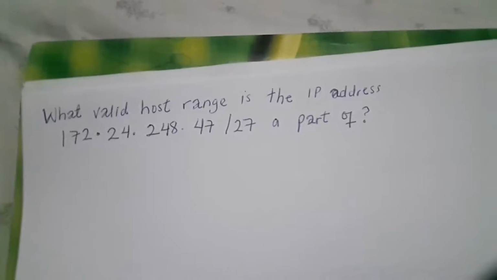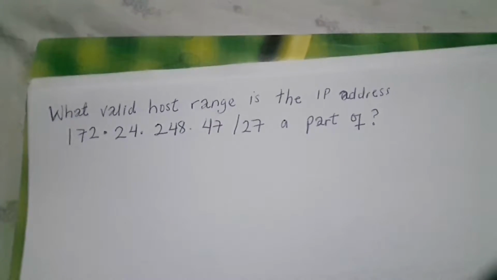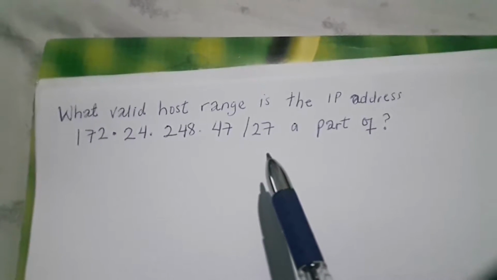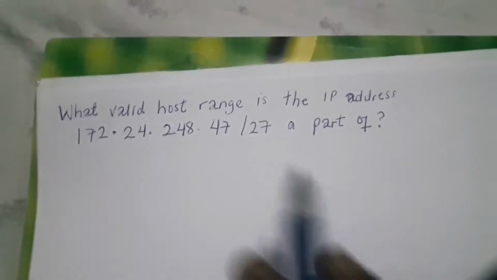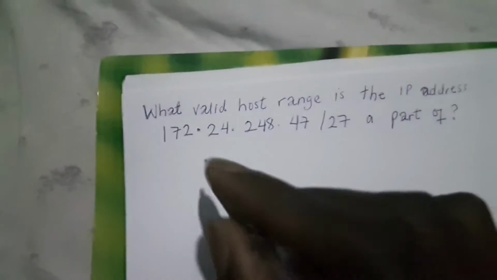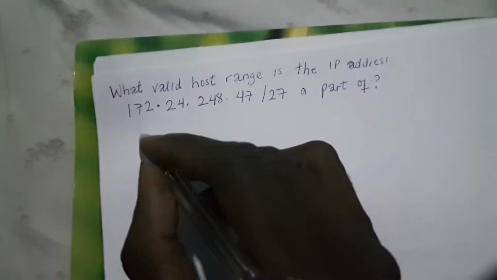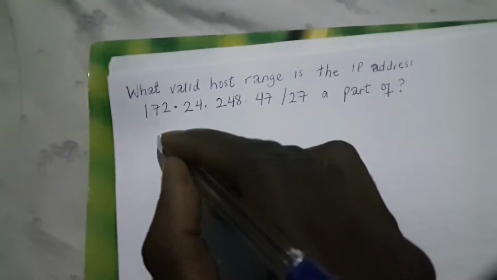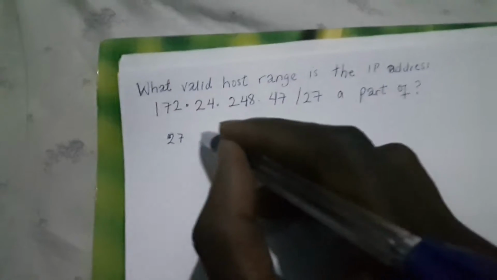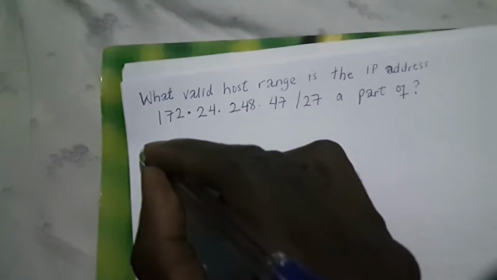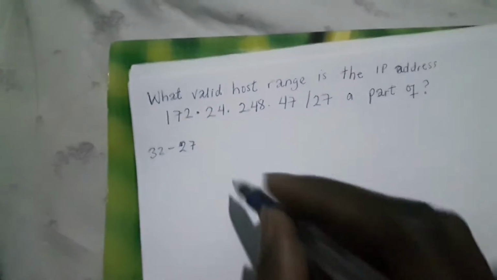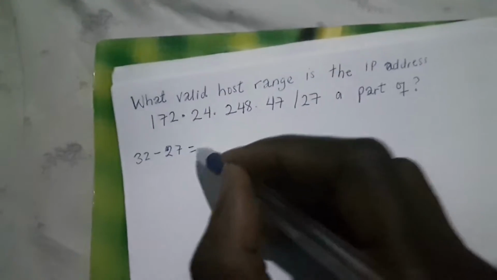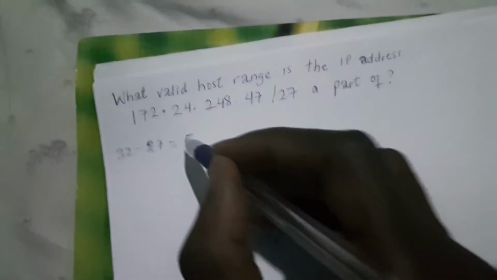The borrowed bit is what we get if we subtract this 27 from 32. So 32 minus 27, because I don't want negative to go across, is equal to 5, right?